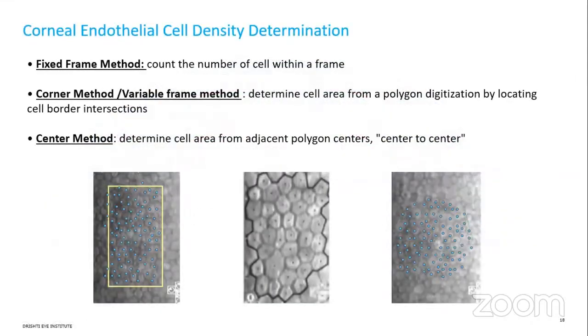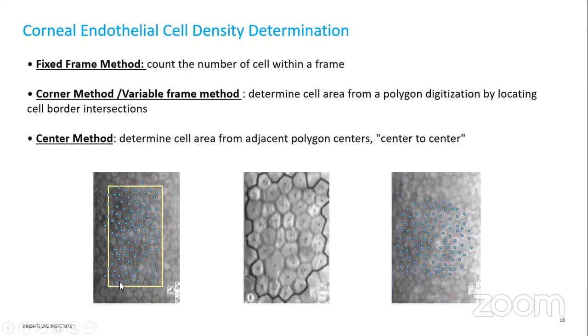Coming to the methods of analysis of the endothelium by specular microscope, we have the fixed frame method, the corner method or variable frame method, and the center method. In fixed frame analysis, which is shown here, all the cells within the frame are counted, and it adjusts for cells which extend outside the frame.